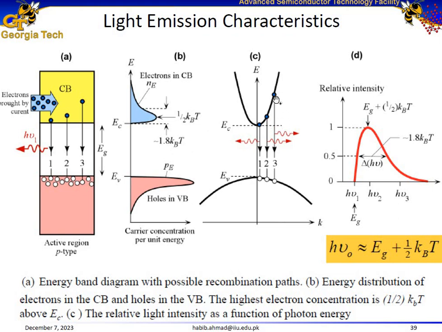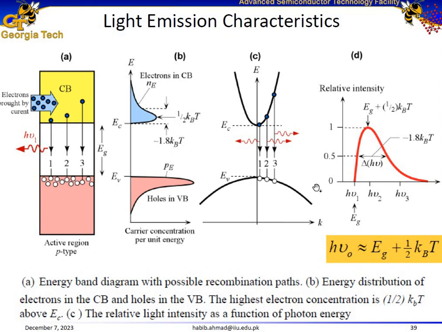So when recombination of carriers occurs, the emitted light wavelength would not exactly correspond to the band gap of the semiconductor. The energy of the emitted photons would be equal to the band gap of the semiconductor plus half kBT, where the peak distribution of electrons is half kBT away from the conduction energy level.